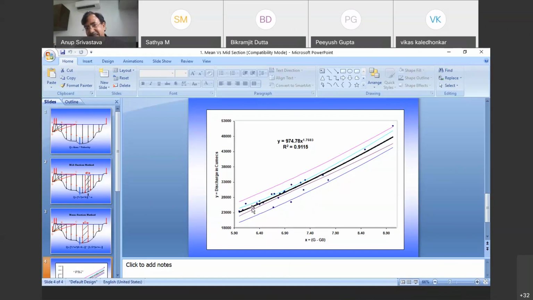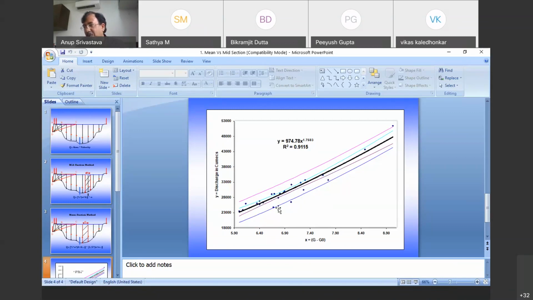And this middle line, the darker black line, is the equation that relates the water level to the discharge. Here y is your discharge and x is the water level. So I have fitted a rating curve based on these observed discharge values, and that gives you this darker black line.